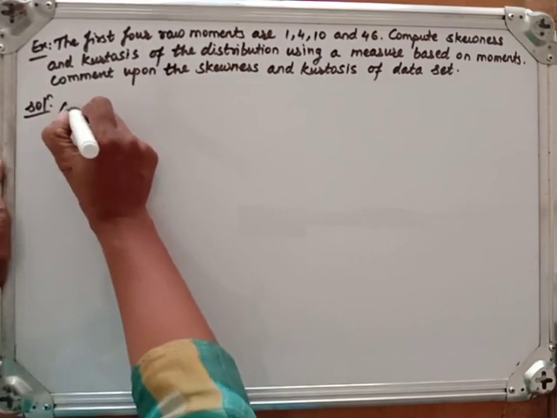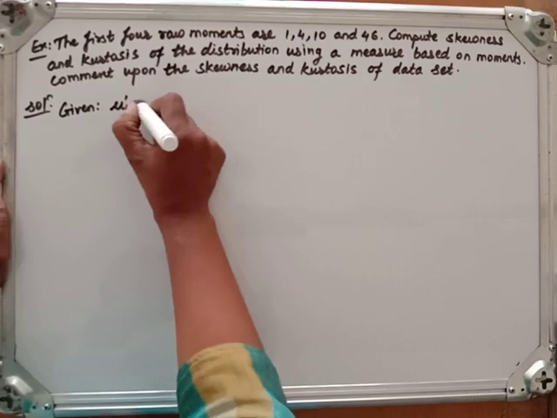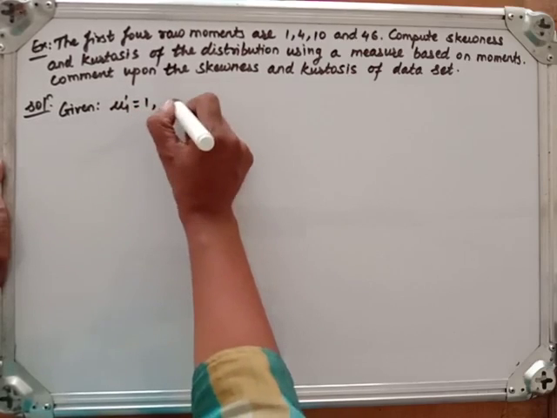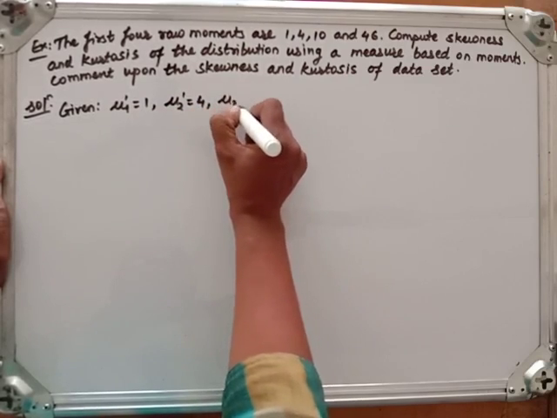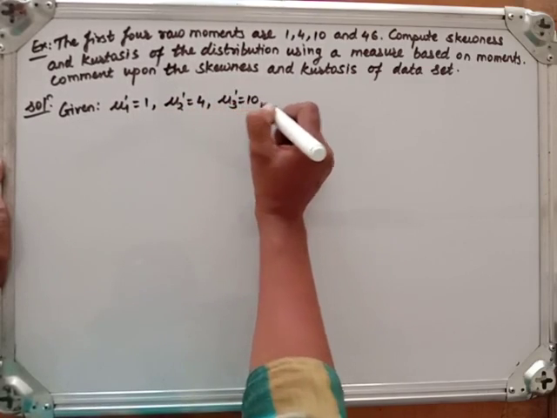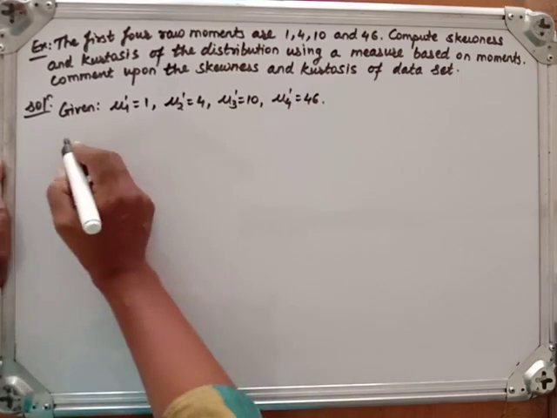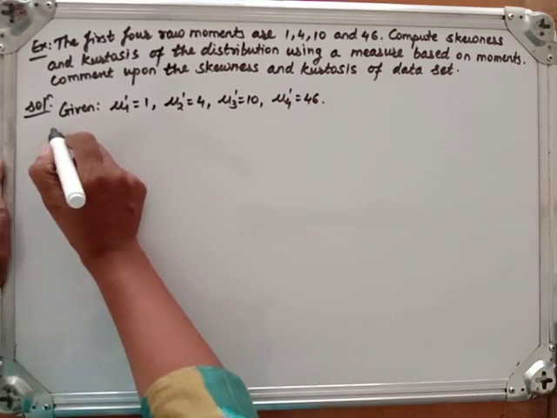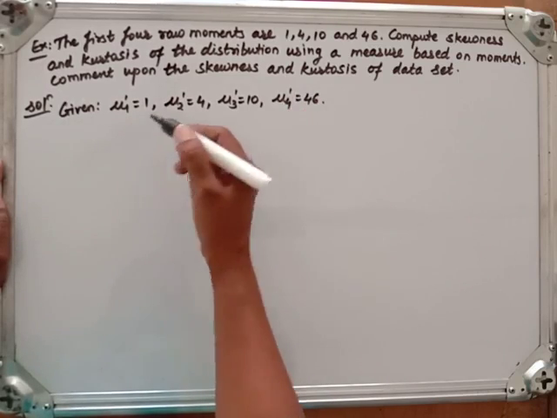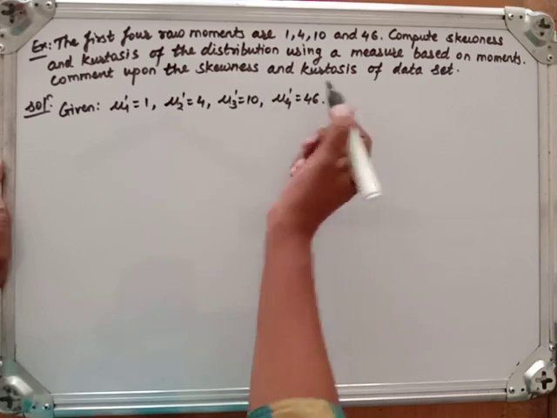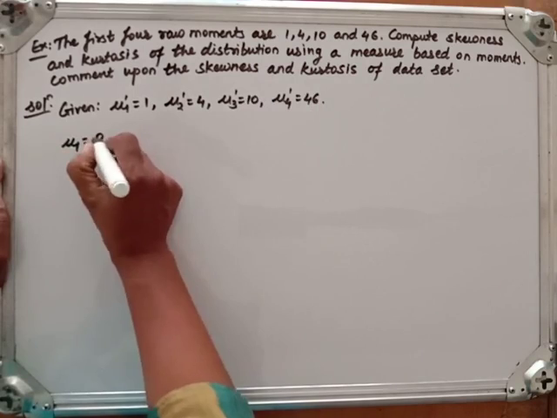So given mu1 dash is 1, mu2 dash is 4, mu3 dash is 10, and mu4 dash is 46. So what we have to find? We have to find beta 1, beta 2, gamma 1, gamma 2, and we have to comment on skewness and kurtosis.